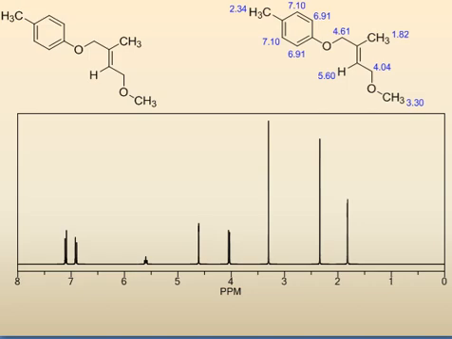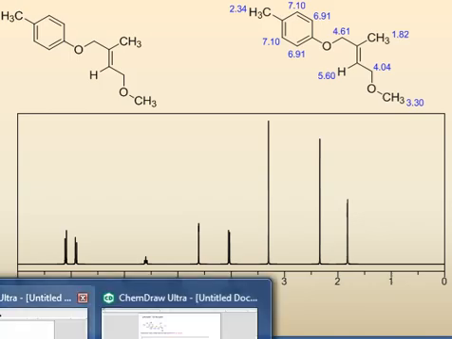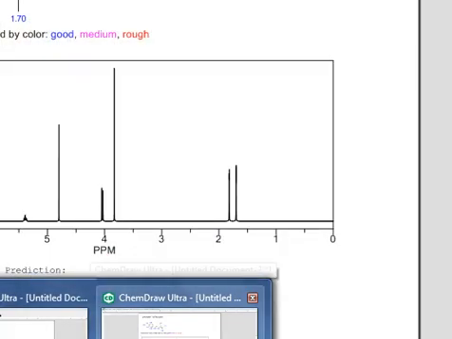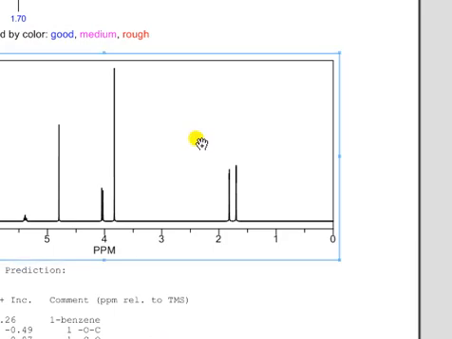Let's draw the molecular formula of the two molecules, and you try that molecule. Try to draw the molecule, draw the NMR of both the molecules.